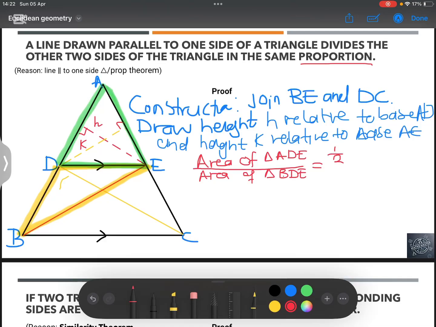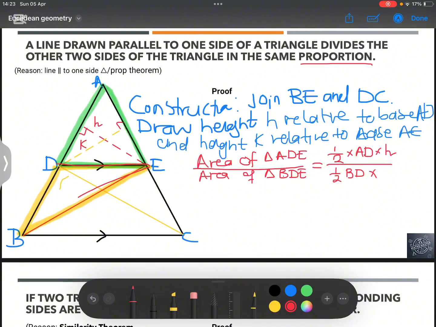The base will be AD, then we multiply by the perpendicular height, which will be H. Then divided by, for triangle BDE, 1/2 multiplied by base BD multiplied by perpendicular height.